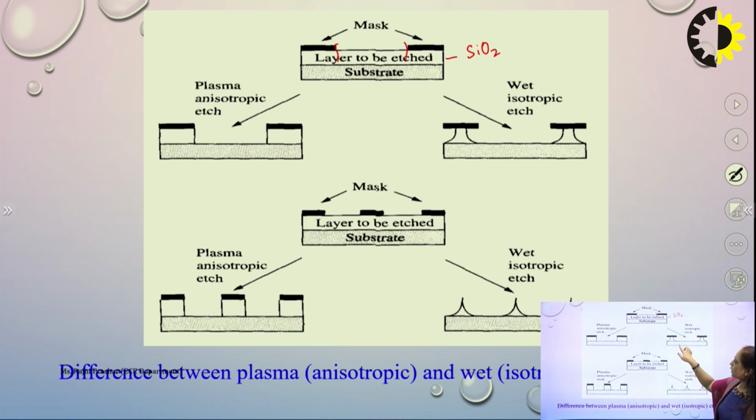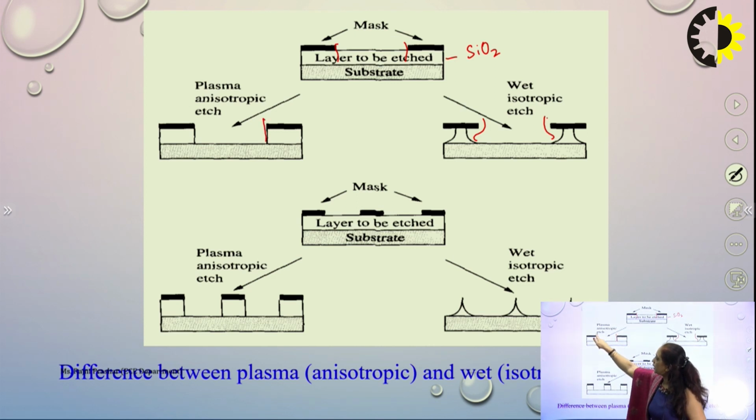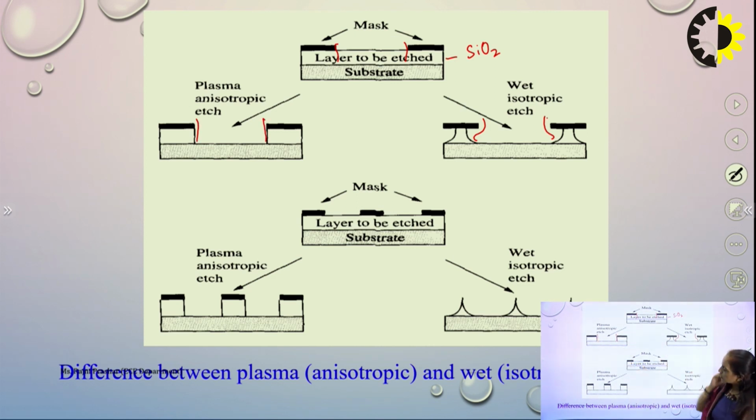So if the case is isotropic etching, if we are using wet etching, this wet etching will not only etch this side, it will slightly etch from this side also, right? Whereas in case of anisotropic etching, we are going to have very sharp etching edges. Okay. So next, in this plasma anisotropic example, we can see here also we have the very sharp etching edges.